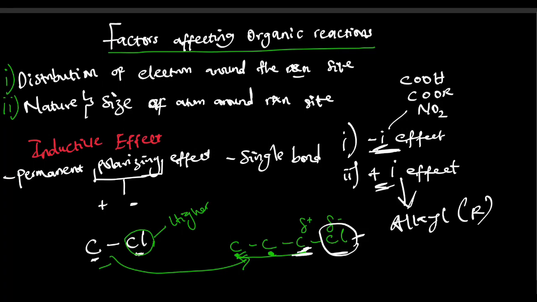Nitro, NO2, is also an electron withdrawing group. Halogen too, just like I explained there. The whole halogen group, Cl and so on, are withdrawing groups. Also cyano, CN, is an electron withdrawing group.